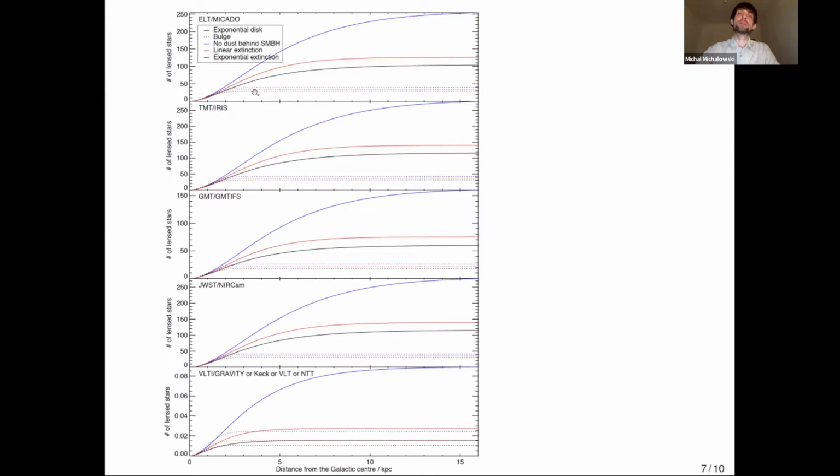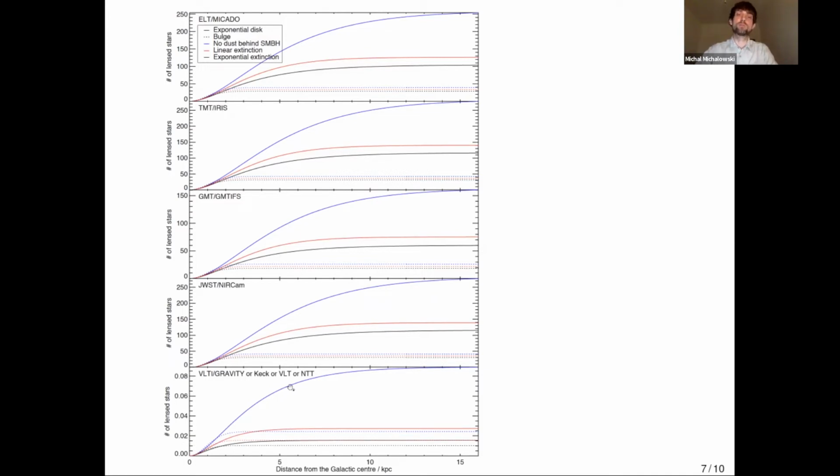And then the dotted lines are for the stars in the bulge, and the solid lines are for the stars in the disk. So we see that these new upcoming telescopes should be able to see of the order of hundreds of lensed stars. So that's very good news, that we will be able to study them.